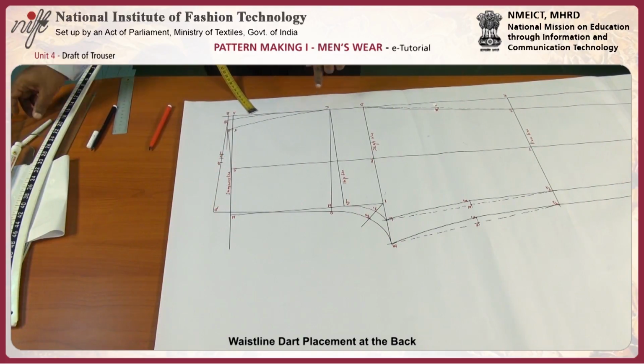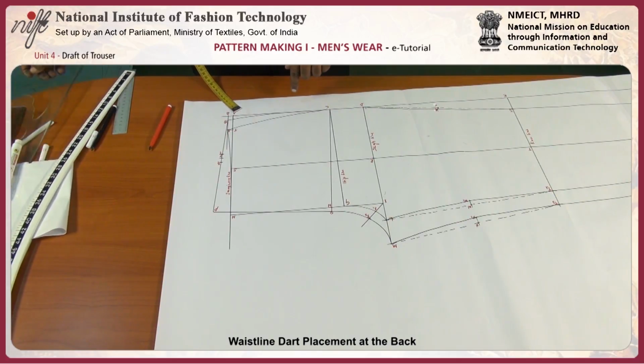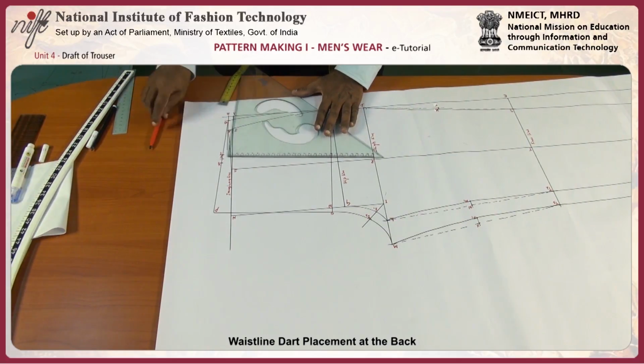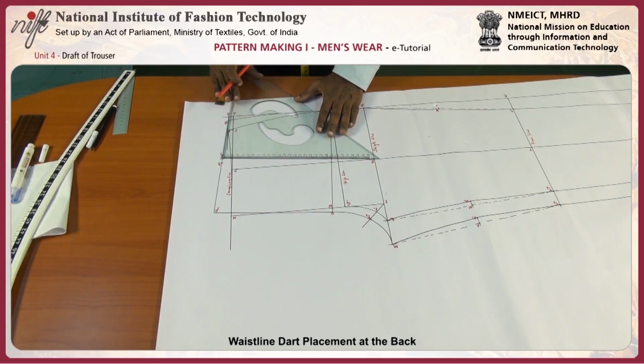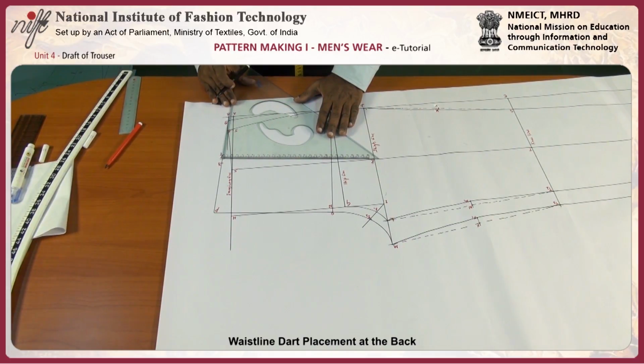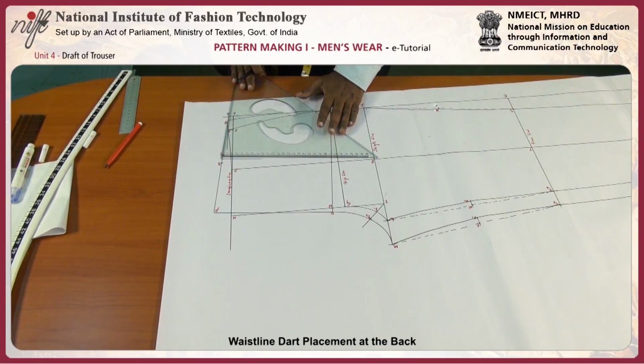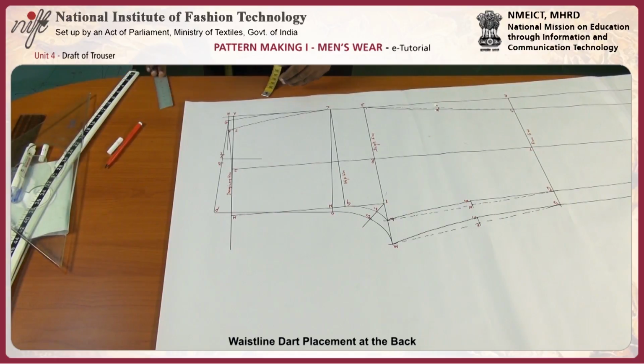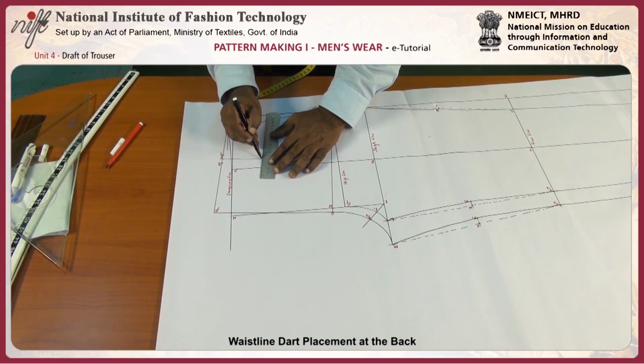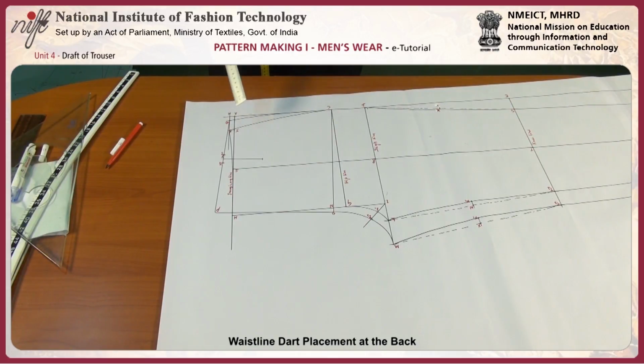PQ is the reference line, and draw a perpendicular line from point Y for 7.5 centimeter, which is the length of the dart.